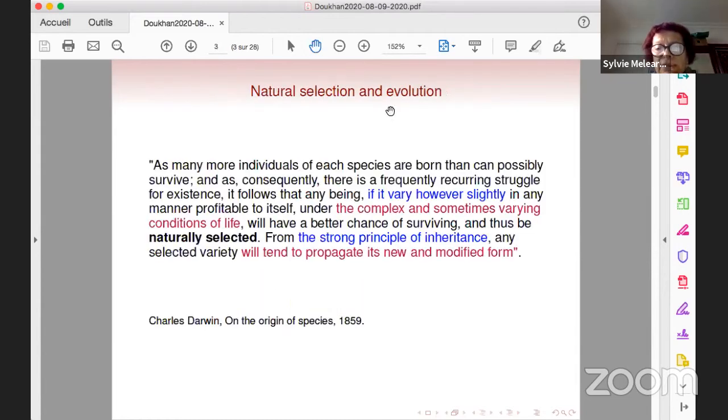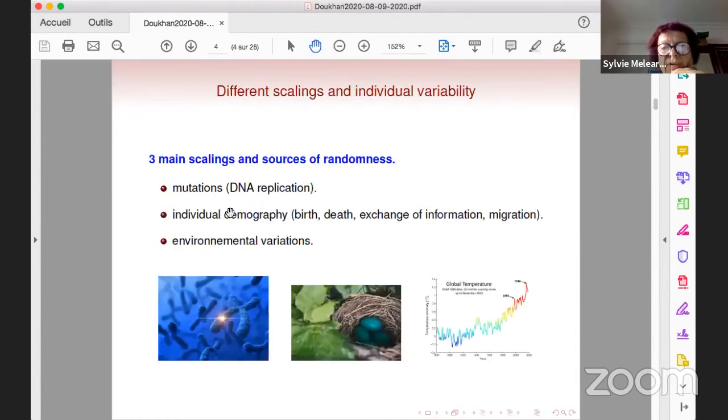And also in this description, you have different phenomena which are essentially random at different scales, which can play a main role in the modeling, because you have mutations at the molecular level, you have individual demography, birth, death, mating for sexual species, exchange of information, for example for bacteria, migration, and so on.